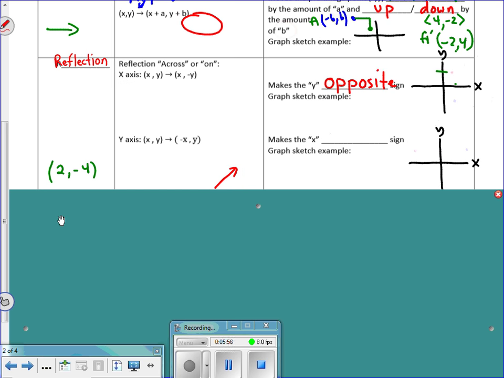So basically, when we reflect across the x-axis, which is this green line here, if we take a point, say 2, 3, and we reflect it to the other side, it keeps the x the exact same, and then it takes the y and turns it into the opposite. And that's what I wrote here, right? It makes the y become the opposite sign. So there's the reflection of 2, 3.